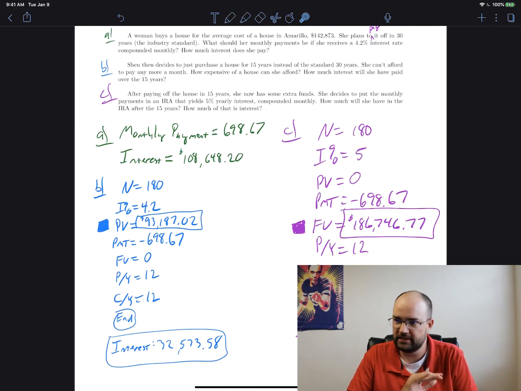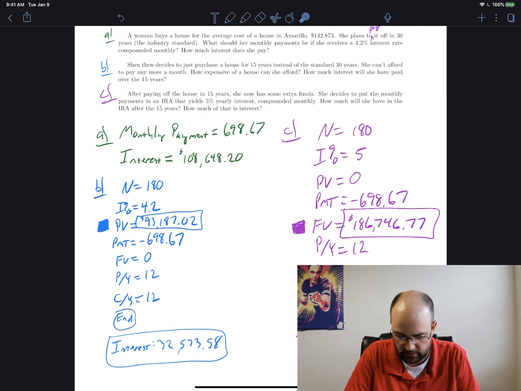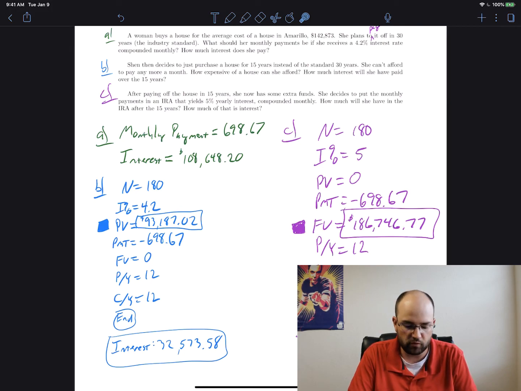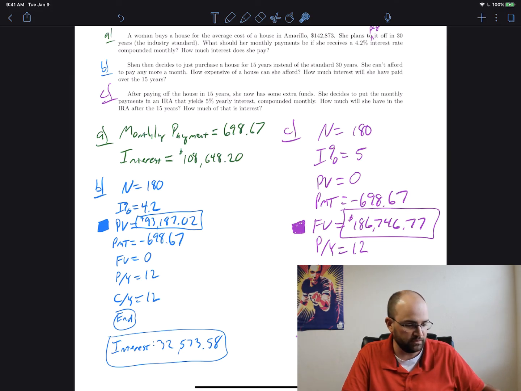Preferably 15. 10 is starting to push it, but 15 is probably better. 20 if you need to. But at the end of that time, take your money and invest it. And you will then have more money in the account plus the house than you would have had otherwise. So while, yes, houses are important equity builders, you can build equity by just putting money in the bank. Okay, so just remember that.